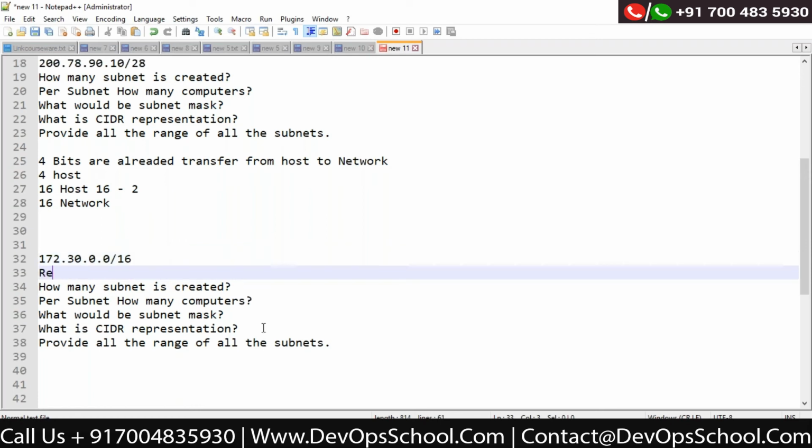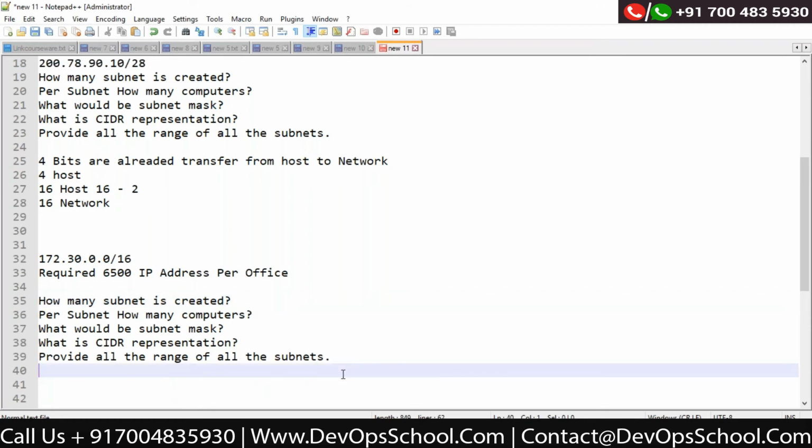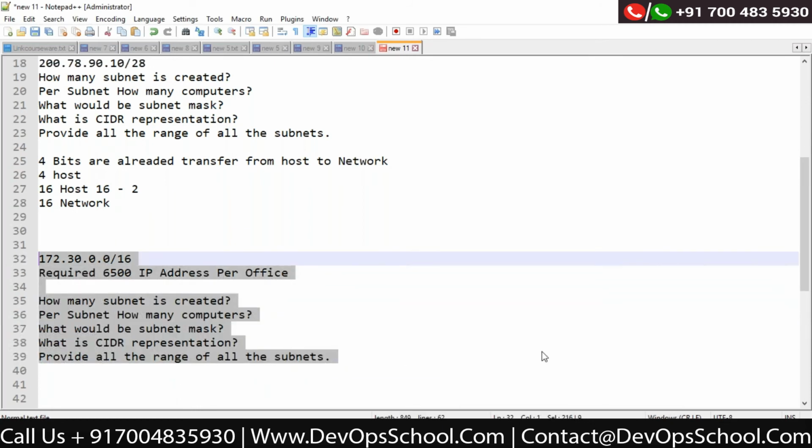My requirement is that I require 6500 IP addresses per office. Per office I require it. Okay. So now let's do this. Everyone start using this formula.